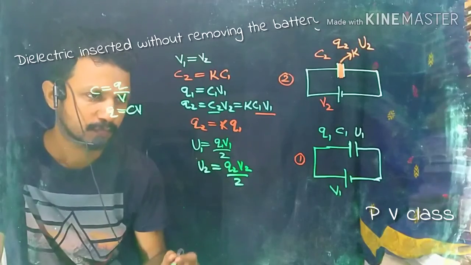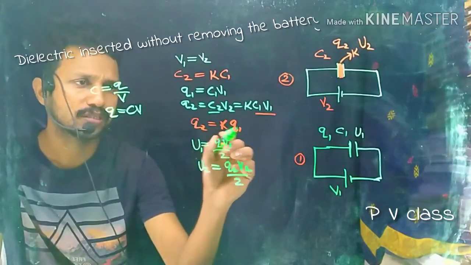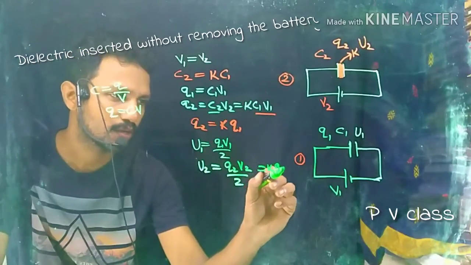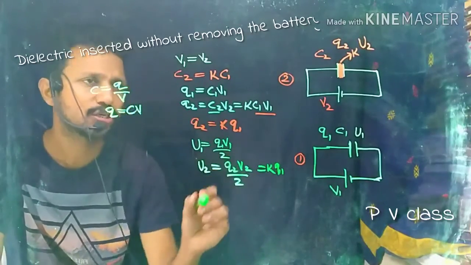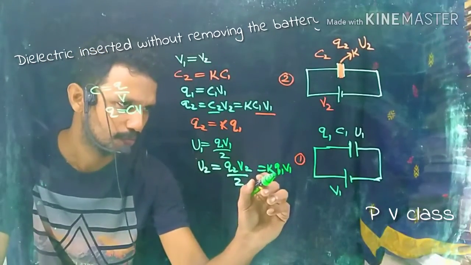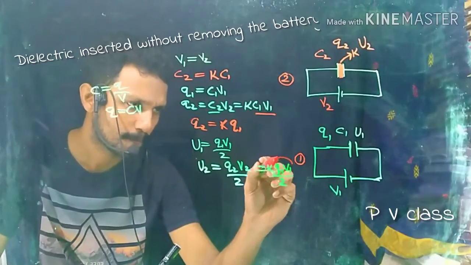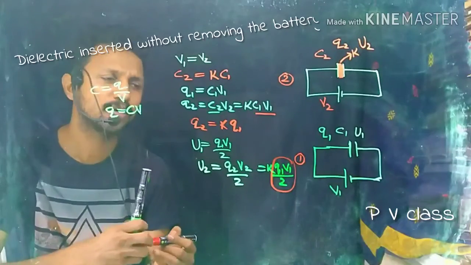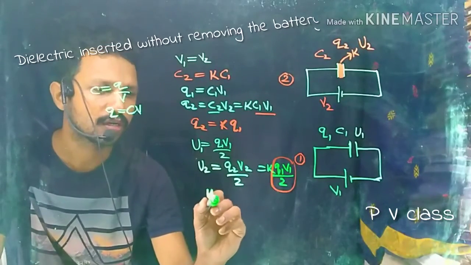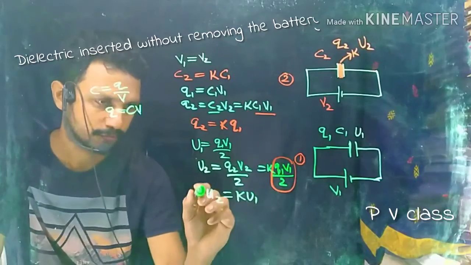Instead of Q2, I write KQ1, and instead of V2, I write V1. Q1V1 by 2 is U1. Therefore, U2 is equal to KU1.